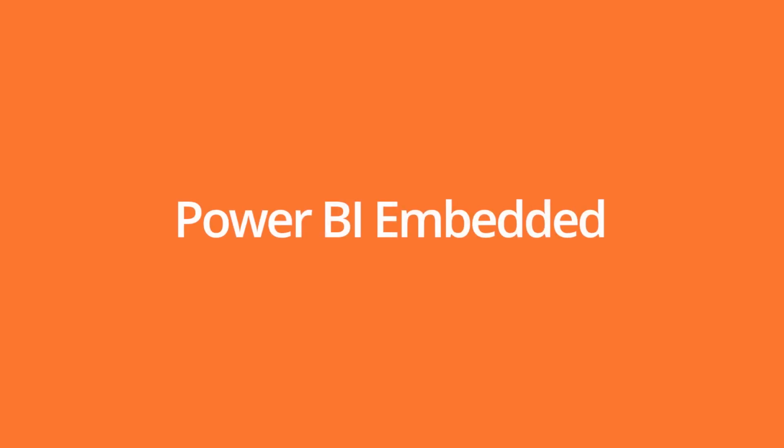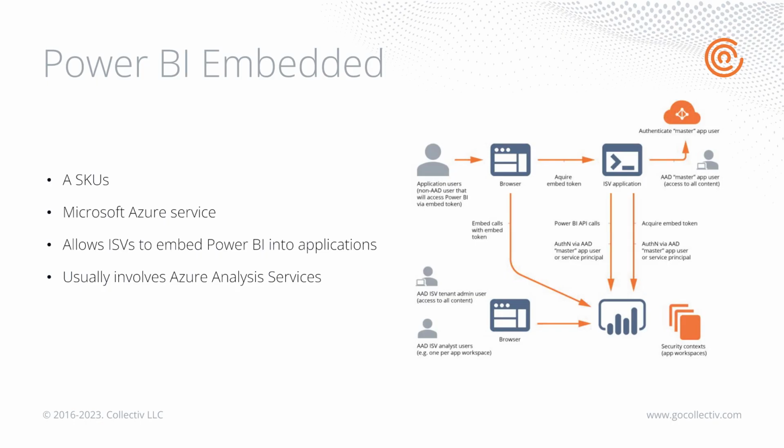Let's wrap things up here with the final SKU that we'll be speaking about here today, and that is Power BI Embedded. Power BI Embedded is represented by what we call the A SKUs. This is purchased through the Microsoft Azure service. And really the whole purpose of A SKUs or Power BI Embedded is essentially to allow ISVs to embed Power BI into their applications.